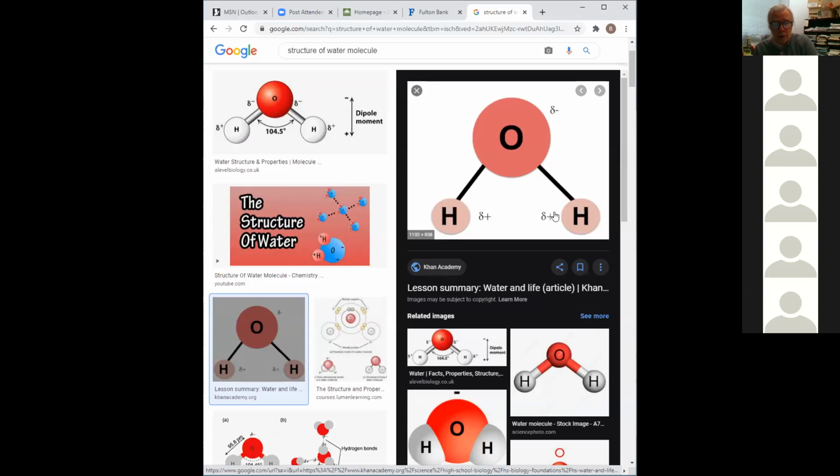Here everybody's happy. Each hydrogen is sharing one pair of electrons with the oxygen, and oxygen is sharing two pairs of electrons, one with each hydrogen. So everybody's got filled valence shells and everybody's happy.